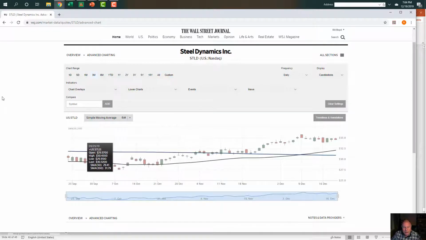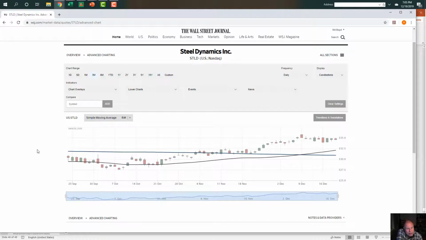And what we can see is that when we started out 9/20/19, it opened at 30.72 and it closed at 30.35. The simple moving average is 29.43, which is the dark line on the bottom, and the 50-day moving average is the other one.